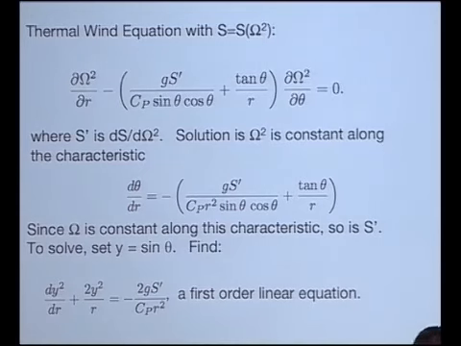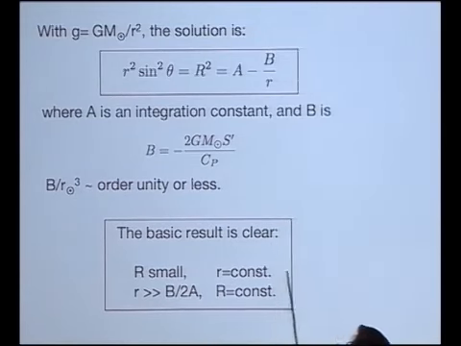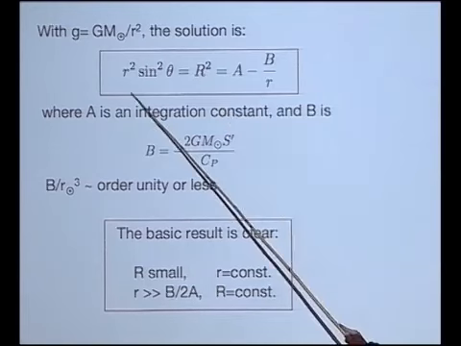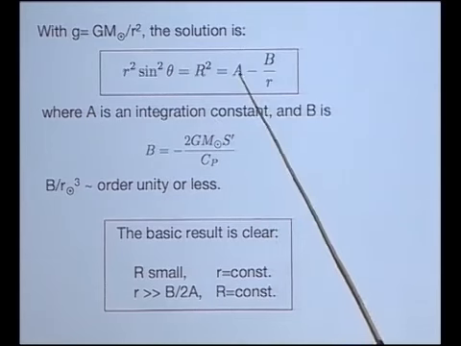If we solve for y equals sine theta, this turns out to be simply a first-order linear equation in y squared. And that means we can easily solve for these isorotation contours explicitly.